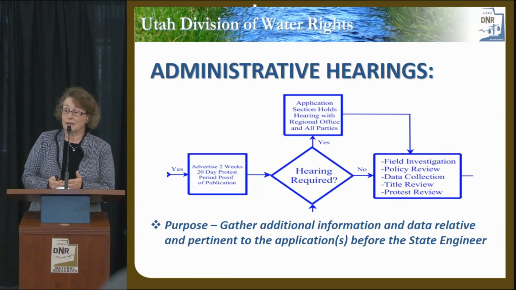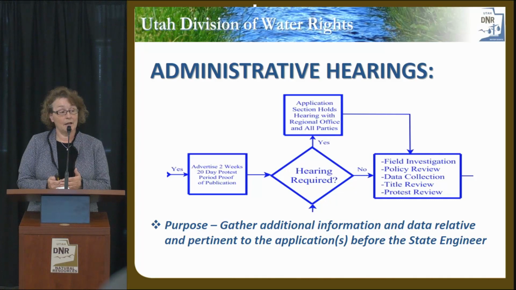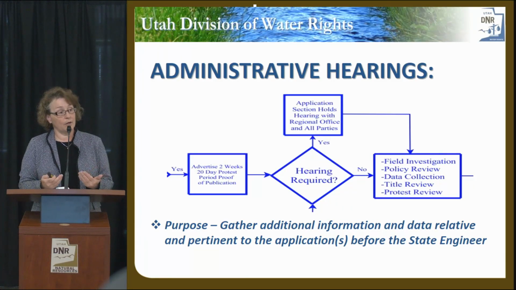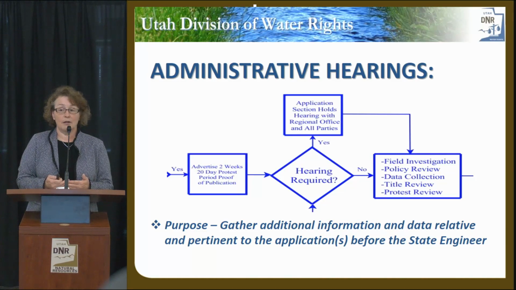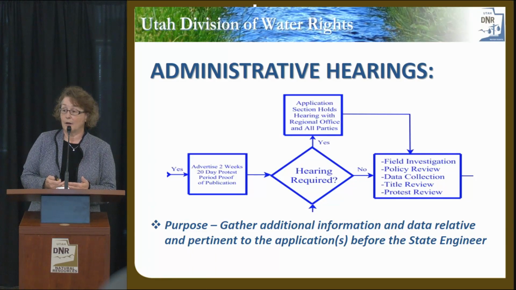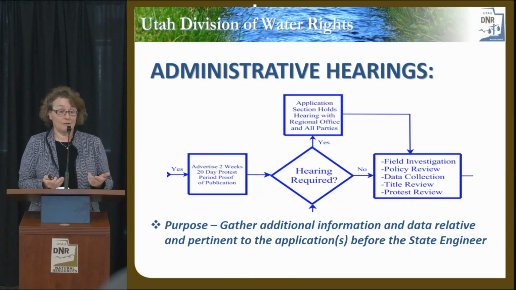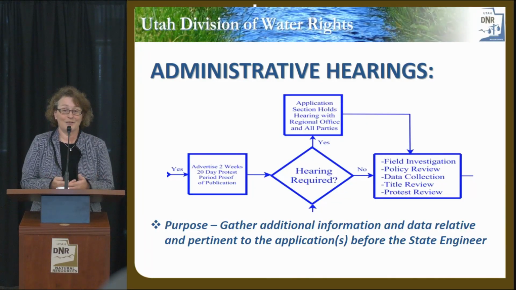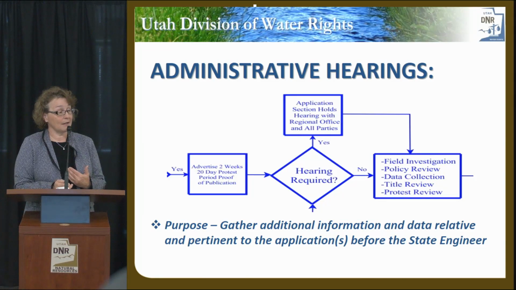But in addition, if we have other parties to that application besides the applicant, we have to have conversations with all parties present. And so these hearings help us do that and help us ask questions of the applicant, and ask questions of the protestants, not may.